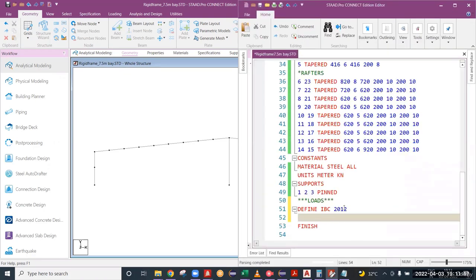After defining IBC, we have to give the seismic parameters. Seismic parameters means, as we have seen the last time, SS, S1 and R, and something like soil class and long time period. All of you guys have revised all these things.